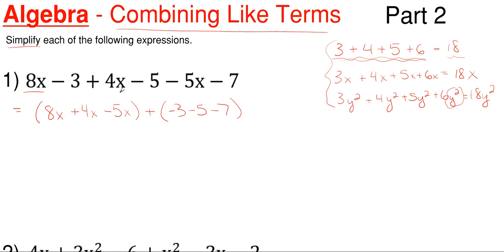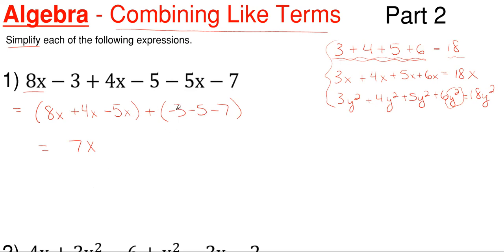So now we have put every single piece of this equation into separate parts where we are going to add or subtract together the similar situations. So our 8x plus 4x minus 5x, we're just going to drop our variable of x down and then add the numbers together. So 8 plus 4 minus 5 gives me 7x.